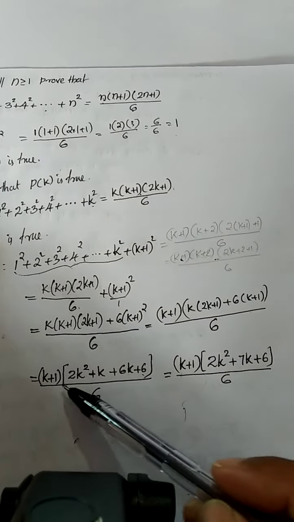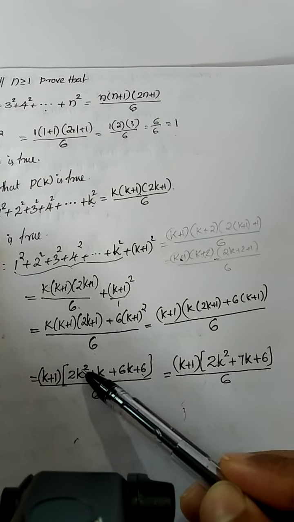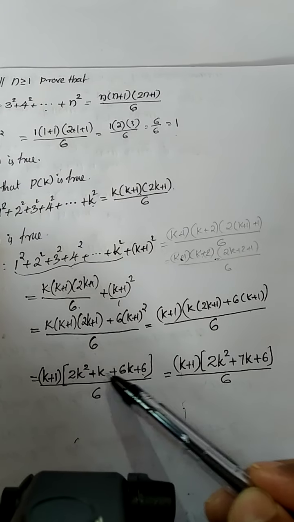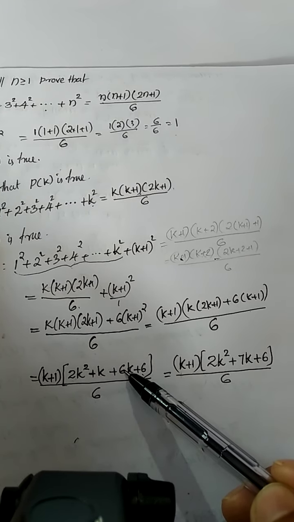So here we have k plus 1 outside, 2k square, k plus 6k, which is 7k, plus 6, divided by 6. So actually what we want to get is (k plus 1)(k plus 2)(2k plus 3) divided by 6. What will this expansion give?